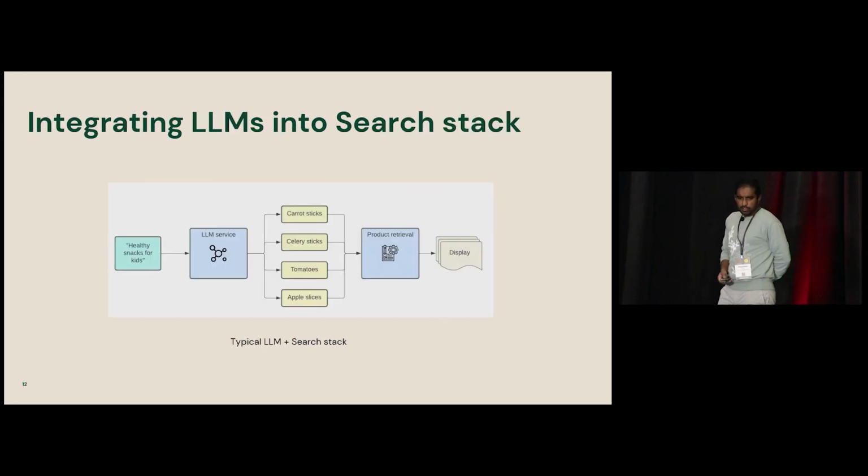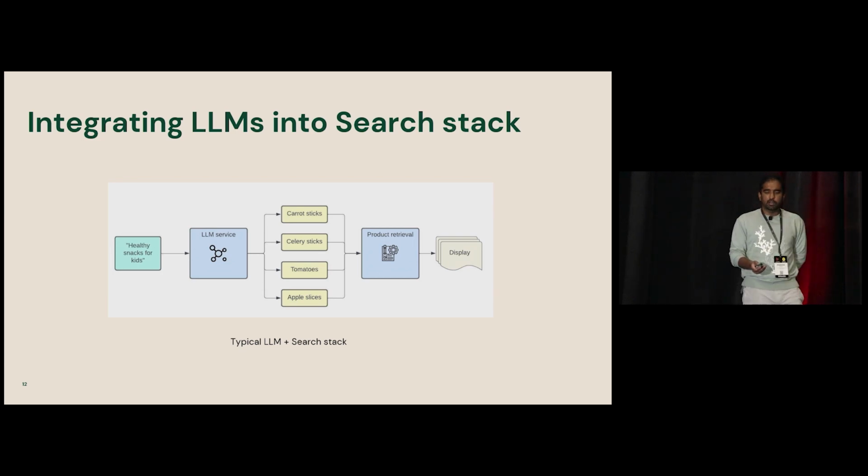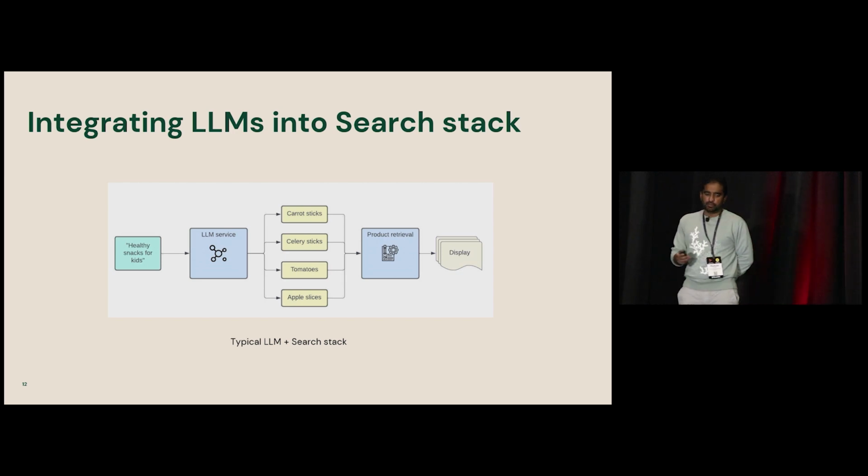And now that we have talked about some of the challenges we are facing and how we are approximately solving those things, let's quickly talk about what integrating LLMs into the search stack looks like. So this is a typical search plus LLM stack. You would have a query, and you would have that query embedded into the prompt, and this prompt is sent to an LLM service.